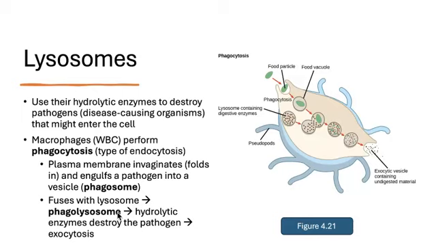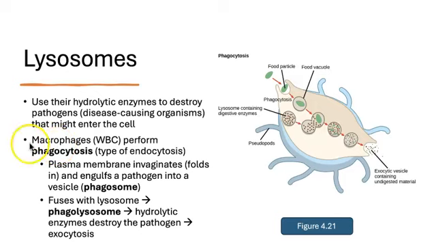So here's another note on lysosomes, and I'm going to show you how they really function. And we said that our lysosome will have these digestive enzymes or hydrolytic enzymes so they can digest either waste or pathogens, meaning they're organisms that cause disease, like bacteria, for instance. So we have this special immune cell called a macrophage, which is a white blood cell, and it has the ability to go through this process called phagocytosis.